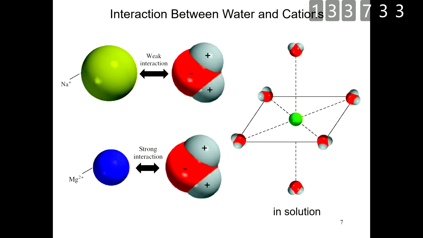This is water, the red one is oxygen, and hydrogen. So the oxygen will tend to get close to the sodium to form the ion-dipole forces. So the structure will be like this. The oxygen will try to get close to the sodium. So this is about the second one, ion-dipole forces.